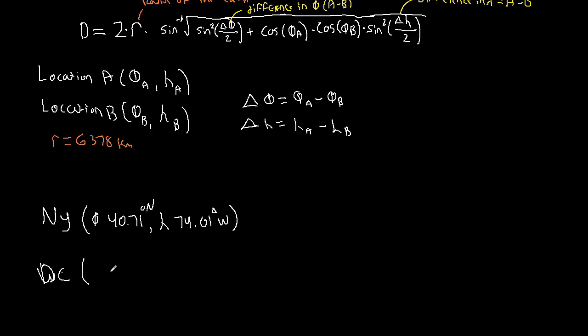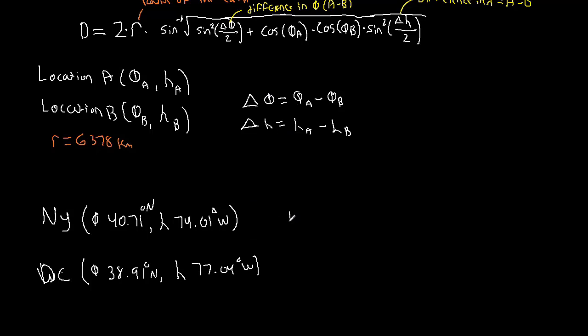And then DC, we will give a phi of 38.91 degrees north and a lambda of 77.04 degrees west. So the first thing that we want to do is calculate delta phi. So delta phi is going to be a minus b.